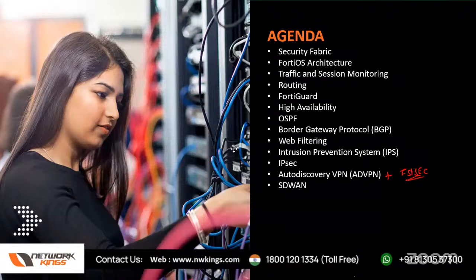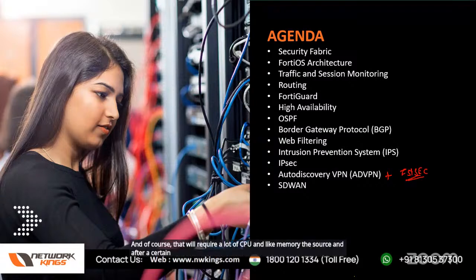It makes your firewall a little heavy and slower, to be honest, because you are telling the firewall, hey, check everything, each and every bit and byte, whatever is there. Of course, that will require a lot of CPU and memory resources. After a certain span of time, when your business requirements rise, these problems will come out.